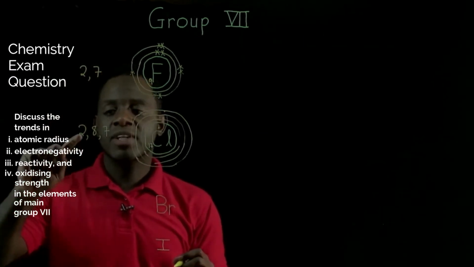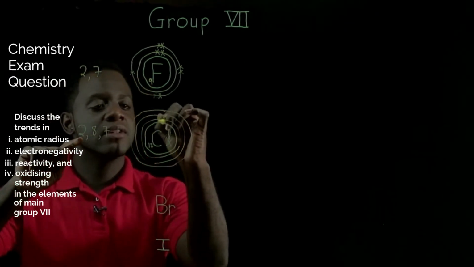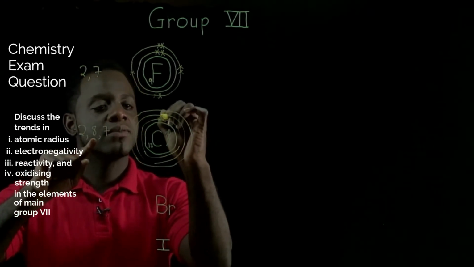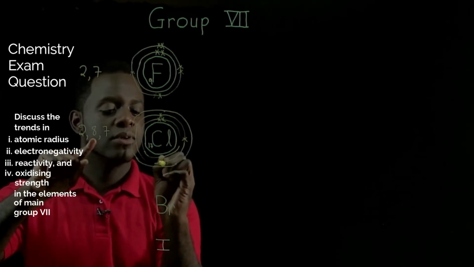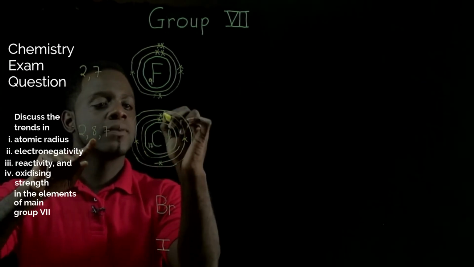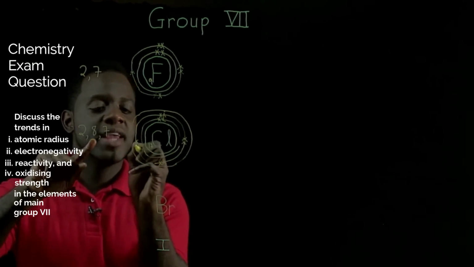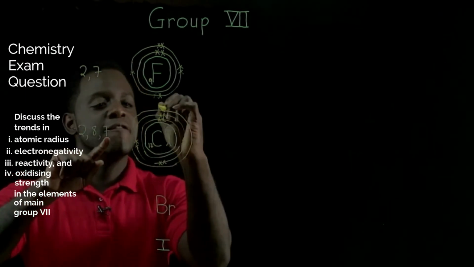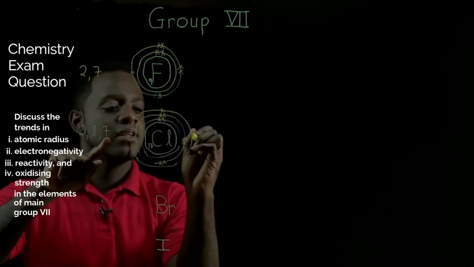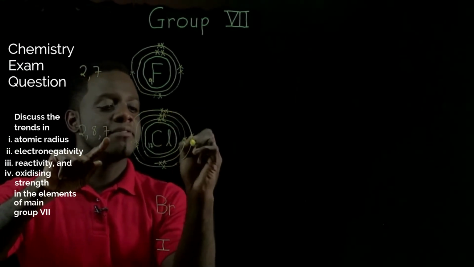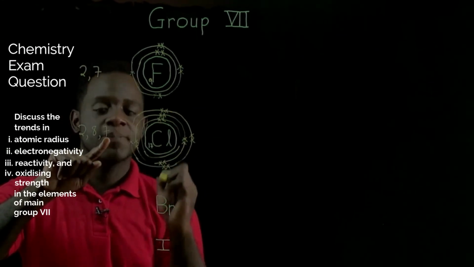How are the electrons arranged? 2 on the first shell, 8 on the second shell, 1, 2, 3, 4, 5, 6, 7, 8, and 7 on the valence shell. 1, 2, 3, 4, 5, 6, 7.